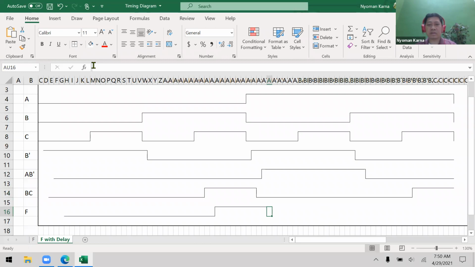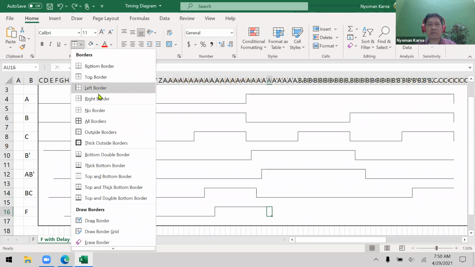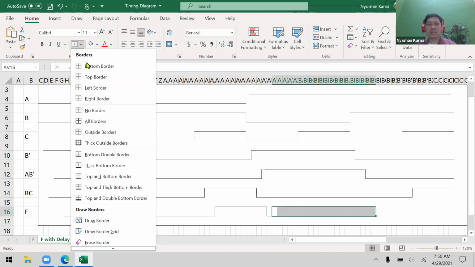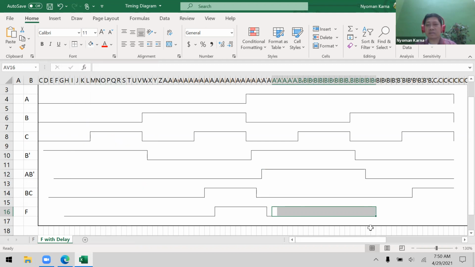Okay. And then 1 plus 0, or 1 plus anything, is 1. So the output will become 1, 2. So this will become 1 until here. So this will become 1.